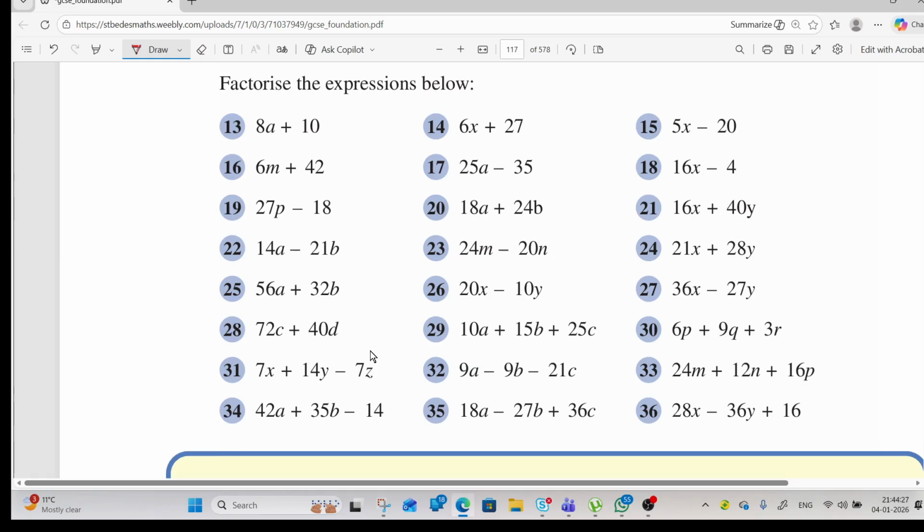Okay, can we factorize this? What is the common factor of 6 and 42? Both, what is the common for both? 2. Let's take the highest one.